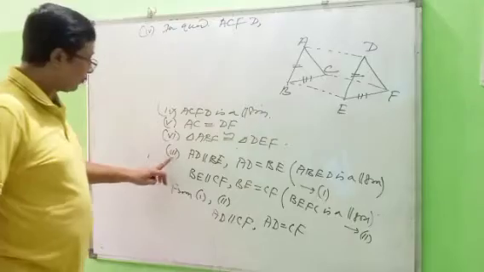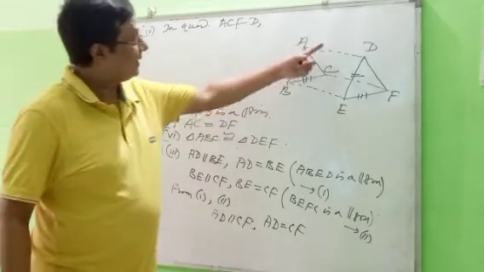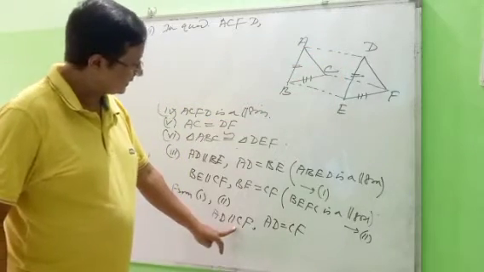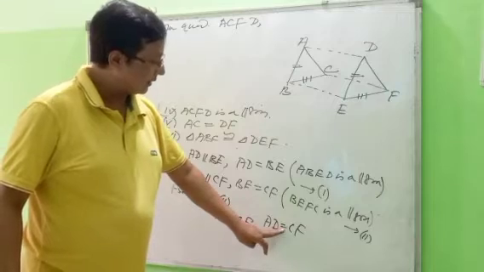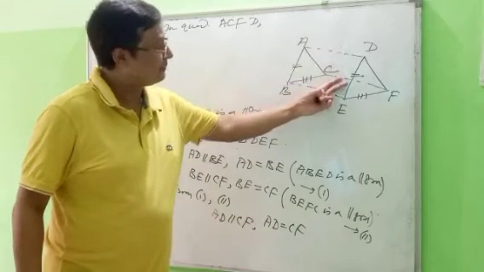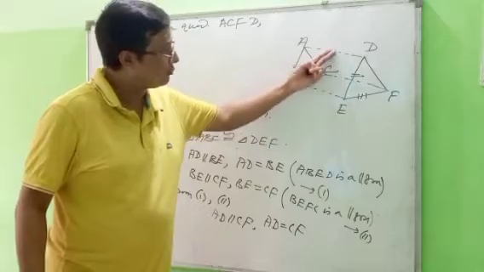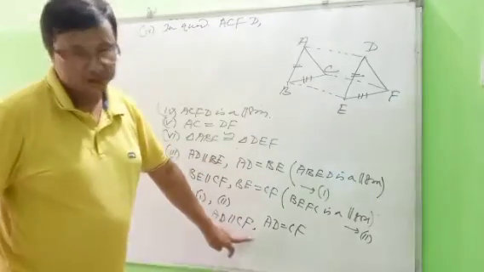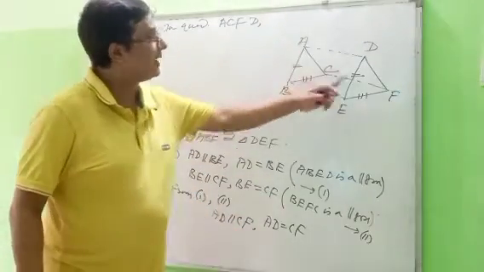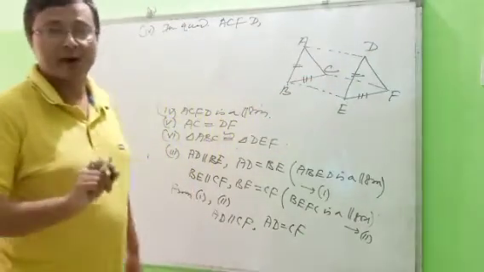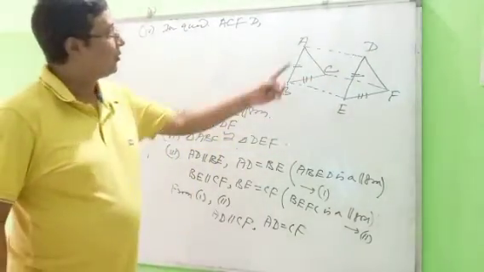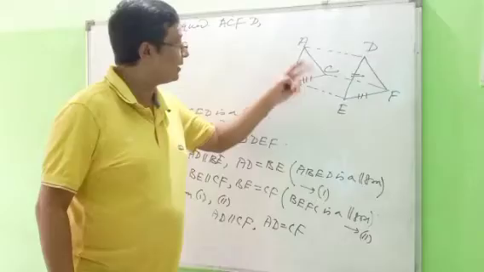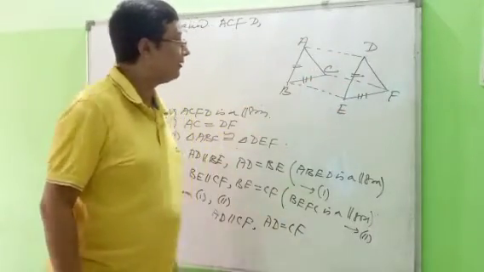Now you see in this proof number 3, you have proved that AD parallel to CF. So this pair of opposite sides is parallel, and then the same pair of opposite sides equal. So AD equals to CF. That means you got this pair of opposite sides equal as well as parallel as proved in 3 above. So from this condition, you have got that ACFD is a parallelogram, because a quadrilateral becomes a parallelogram if a pair of opposite sides is equal as well as parallel. That is why here ACFD is a parallelogram.